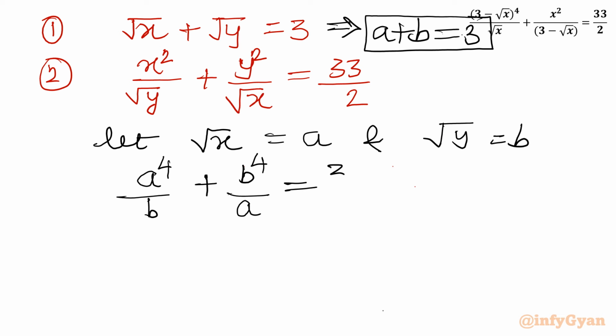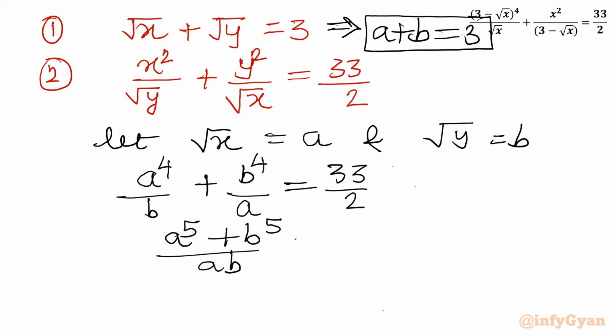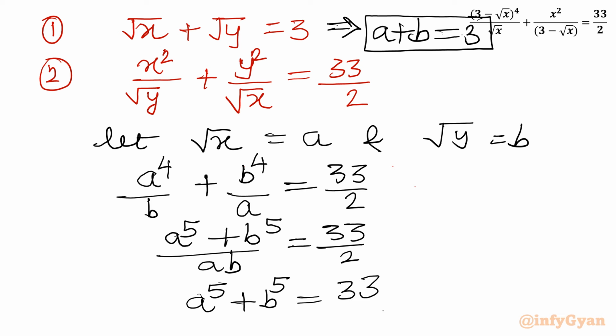Right hand side will be 33 by 2. Once I take the LCM, I will write a power 5 plus b power 5 divided by ab equal to 33 over 2. Or I can write a power 5 plus b power 5 equal to 33 over 2 times ab.